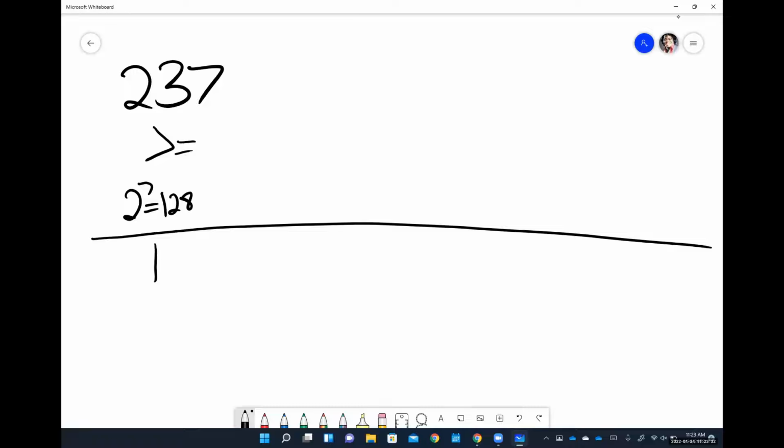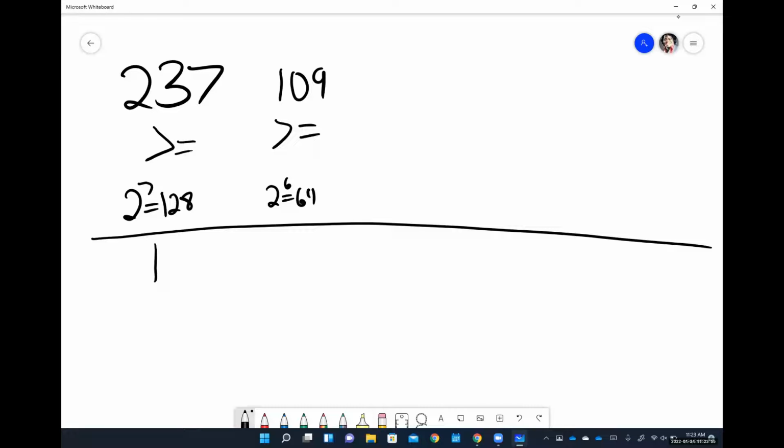All right. We subtract 128, which looks like 109. After we subtract 128, our next number is 2 to the power 6, which is 64.